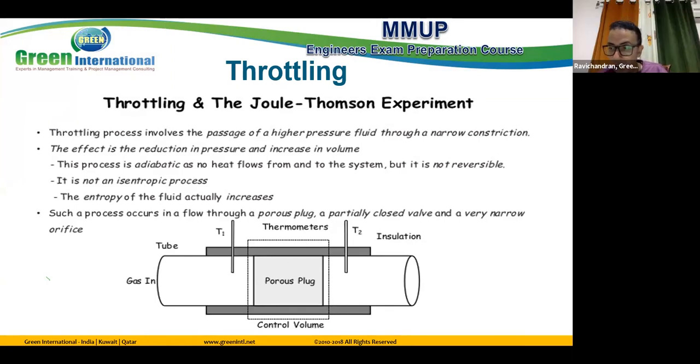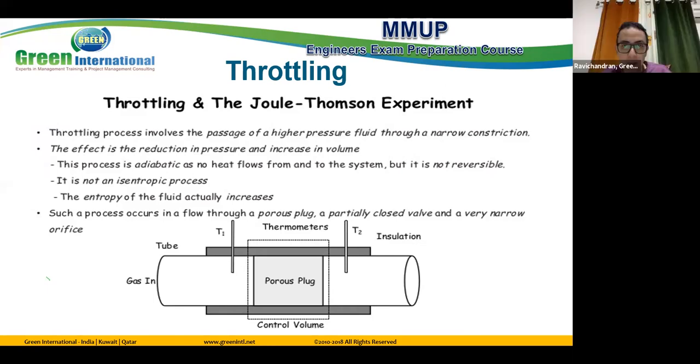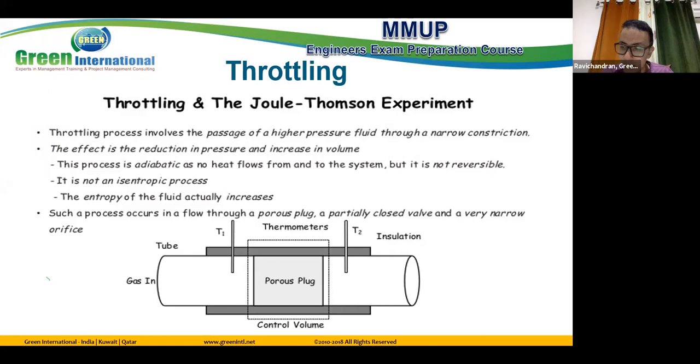So high entropy happens. This entropy increases, entropy increases. So the throttling process here is where flow passes through narrow holes in the porous plate. Okay, this process has some notes here, but we're going to define this in detail in the next slides.